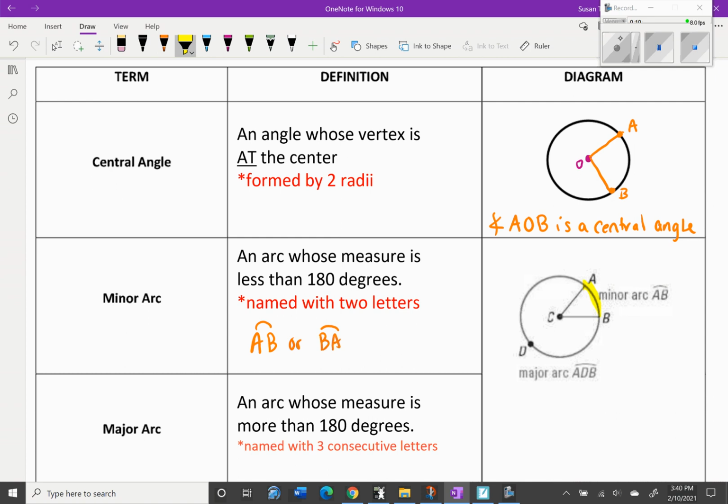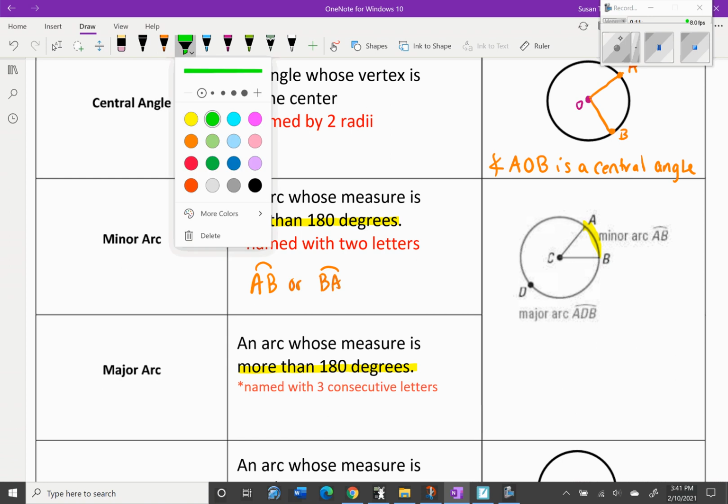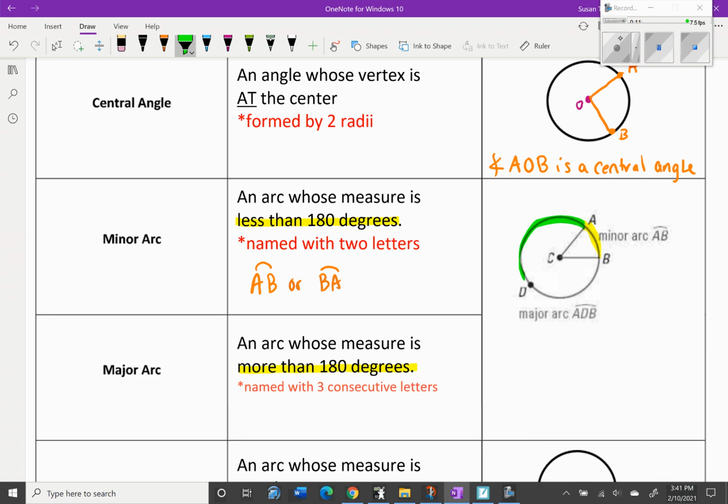Then we have the next piece, which is the major arc. So minor arc is less than 180 degrees, and a major arc is an arc whose measure is more than 180 degrees, and it's named with 3 consecutive letters. So for this one, from here to here would be a major arc, because that would be more than 180 degrees. Think about what would be 180 degrees.